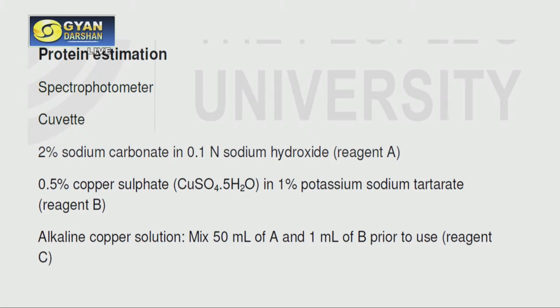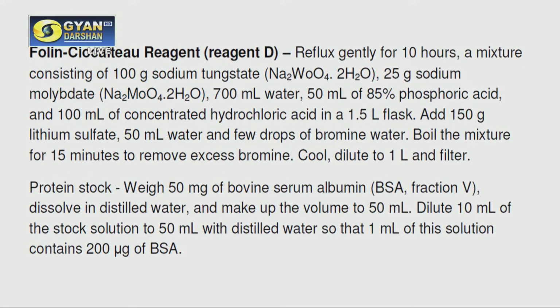So basically you need this reagent C for the protein estimation. And as we have mentioned, the Folin-Ciocalteu reagent, that is reagent D, contains sodium tungstate, sodium molybdate, phosphoric acid, and concentrated hydrochloric acid. The reactions are given here. When you prepare the solution, you can prepare it in this fashion.